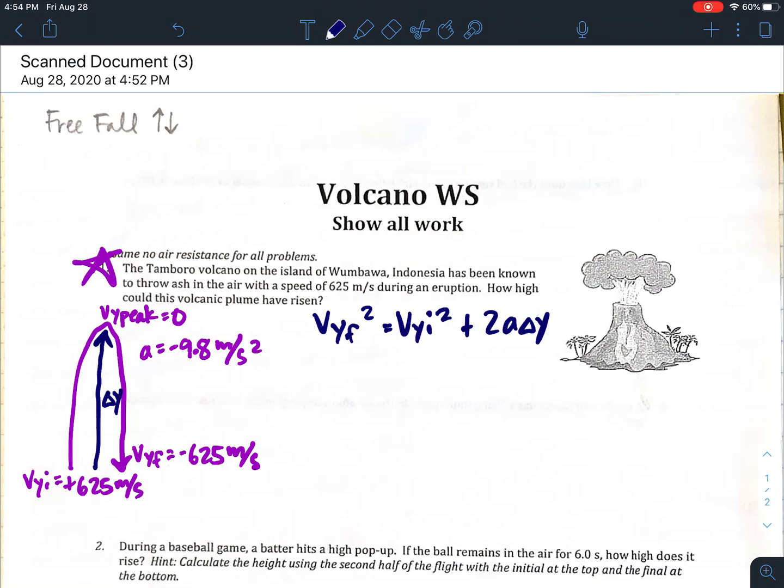Okay, and then I need to think about where am I actually going in order to find the maximum height. Well, I'm going to start down here at the base, and I need to end here at the max height. So for VY peak, or for VYF, I'm going to use the 0. I'm going to pretend like the ash just stopped at the peak and stayed there.